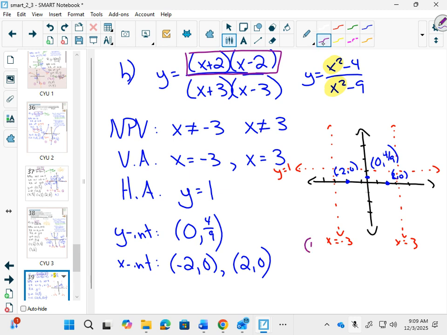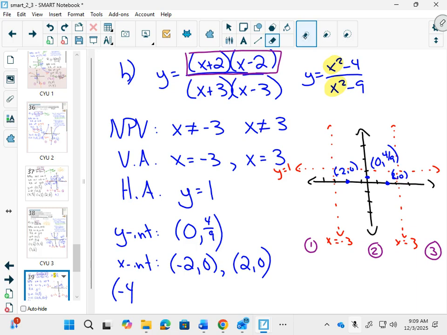We look at our graph. There are 3 sections that we have to graph because of our vertical asymptotes. Do we have any points in section 1? No. So we need a point in section 1. Pick an x value. I'm going to go with -4. And take out my orange pen.